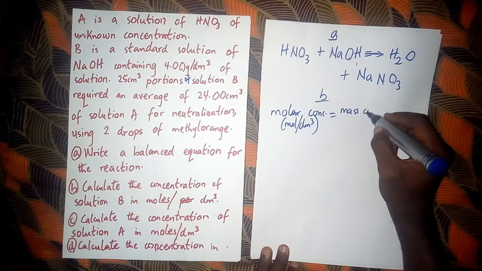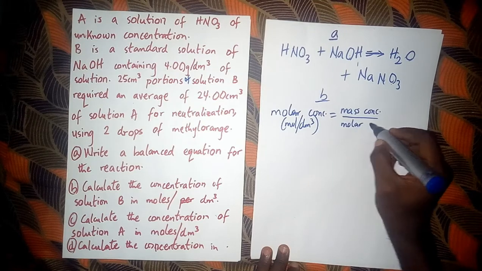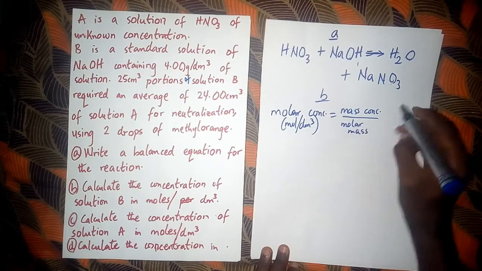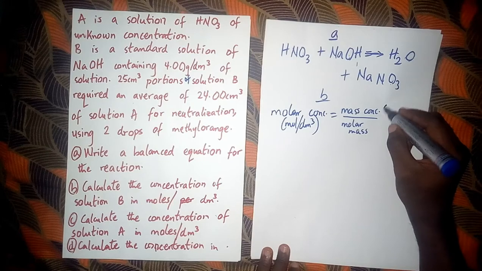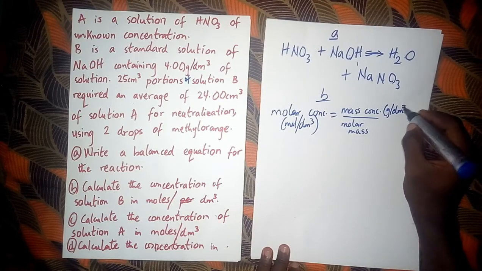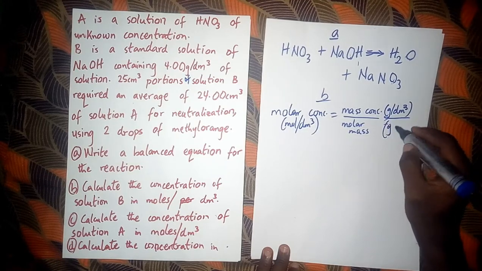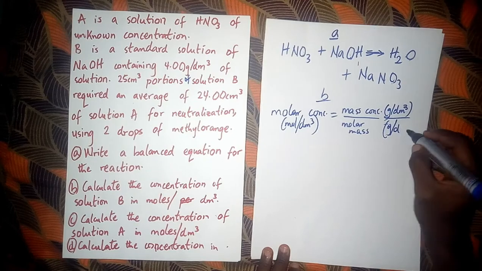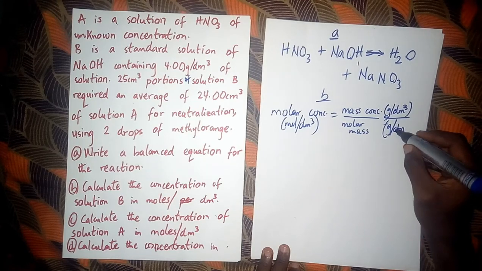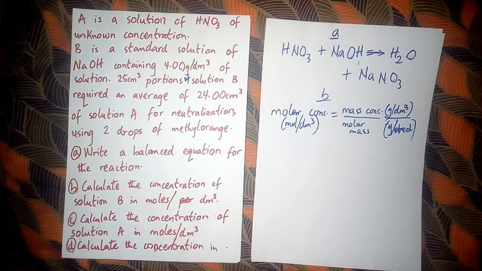For any chemical, molar concentration equals mass concentration over molar mass, where mass concentration is gram per dm cube and molar mass is gram per mole.